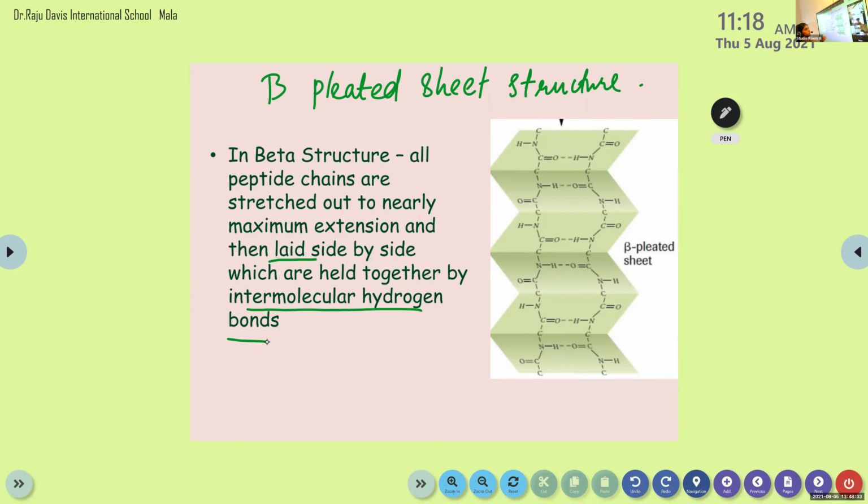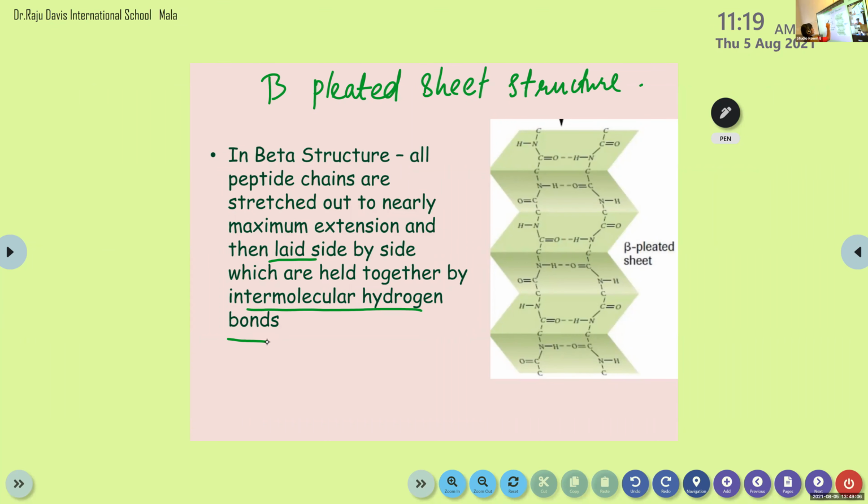It is similar to pleats in drapery. That means pleats in saris. We can observe that, right? Or when you make pleats using paper, it's also similar to this one, right?